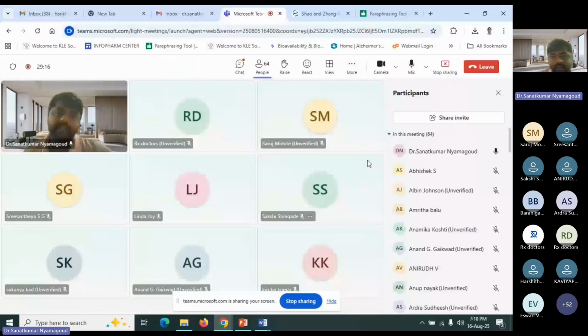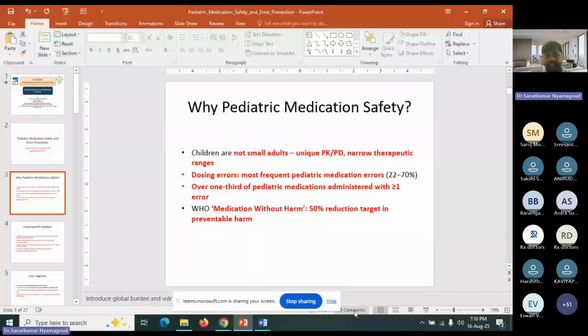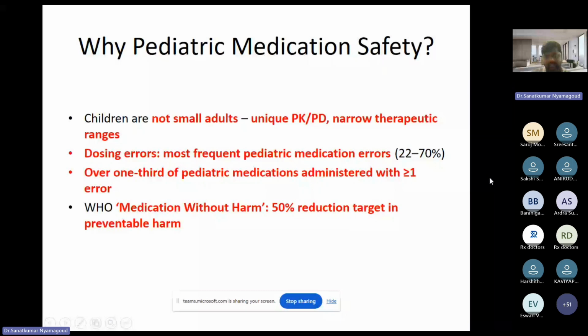Keeping this scenario in mind, we use the drugs. That's why we often define a drug as a molecule used to treat or prevent any kind of disease or disorder. But actually, are these drugs helping us? We need to challenge ourselves and think over again and again, so that we have a safe effective concentration of the drug.